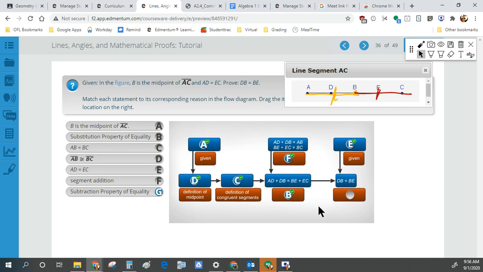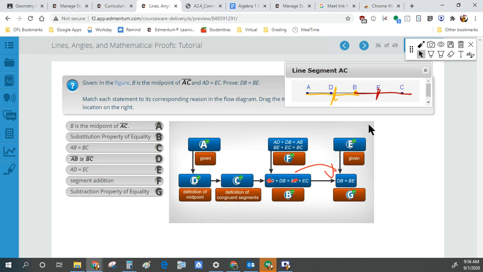So what they're doing here is, if we cancel out this AD and this BE, let me visually show you. If I cross out AD and BE, I get this fact here. When I'm canceling like that, all I'm doing is subtracting both sides to keep it equal.